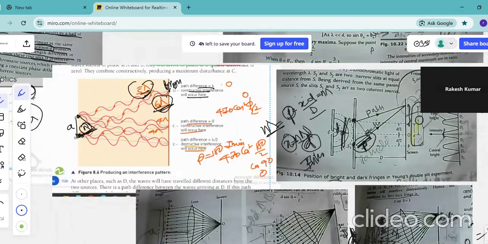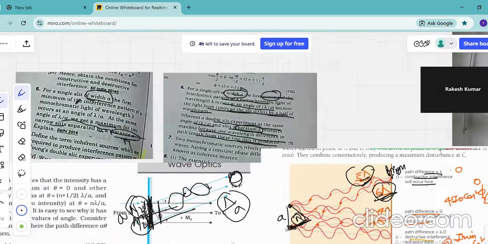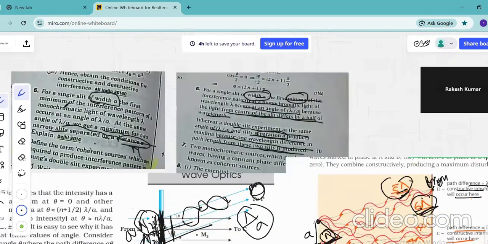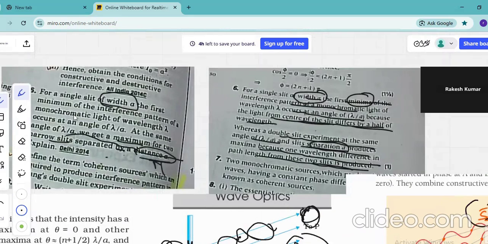This was the question which had come for a single slit of width. The first minimum of the interference pattern of a monochromatic light occurs at, so this is a slit, so this is basically talking of diffraction. And at the same time, the angle at which we get a maximum of two narrow slits.